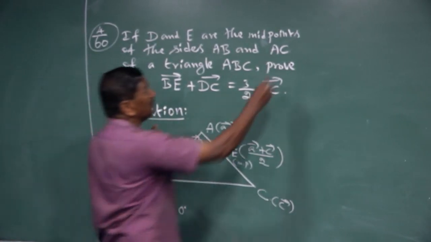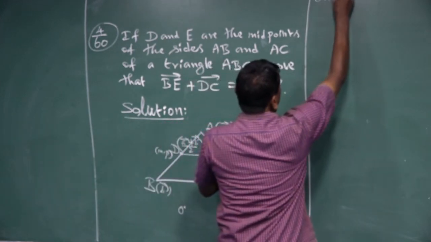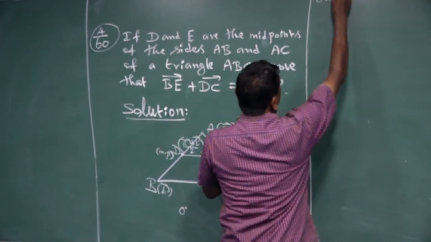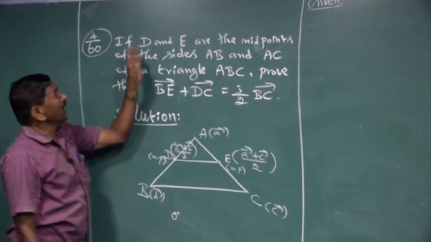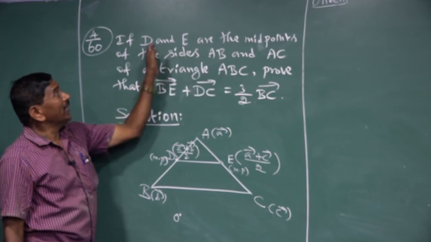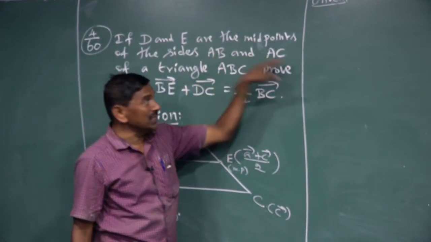Here, first of all, given: in triangle ABC, D and E are the midpoints of the sides AB and AC respectively, which is given information.